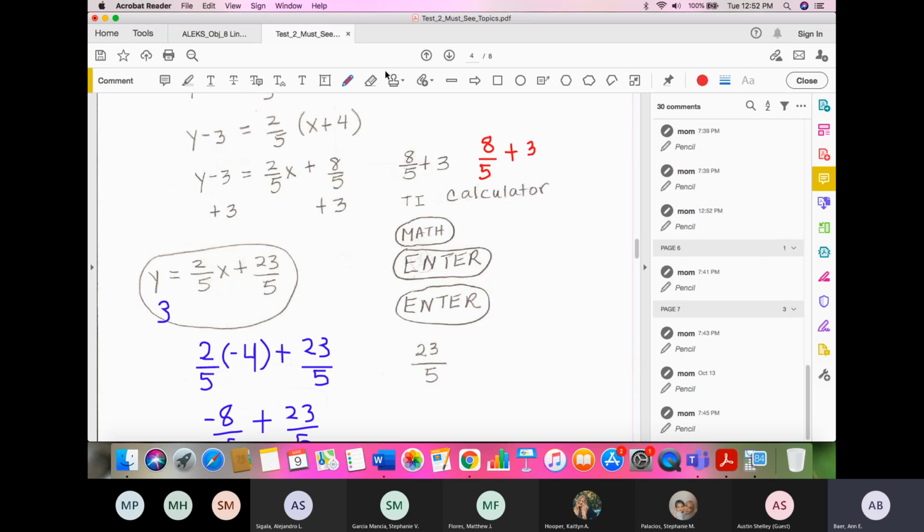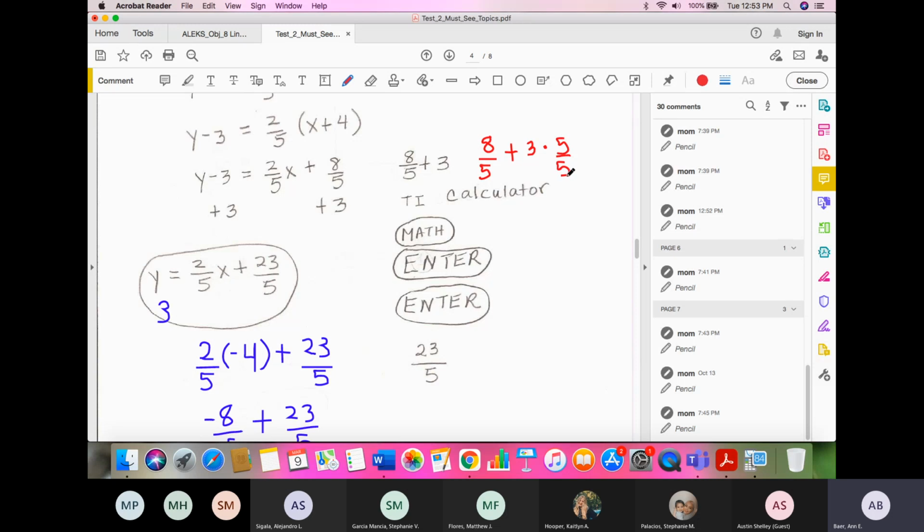We want to convert it to fifths. So we want a 5 in the denominator because it's easy to add when we have like denominators. But we can't just put 5 in the denominator. We've got to put it in the numerator as well.